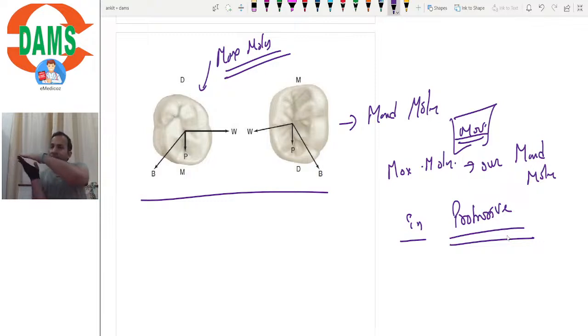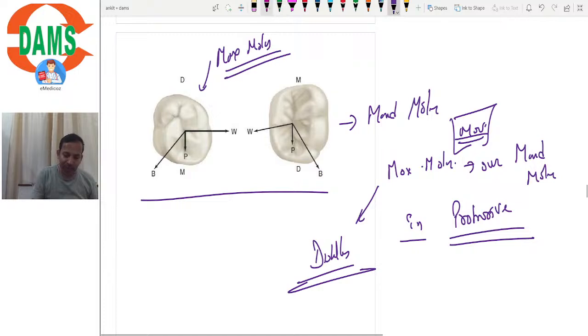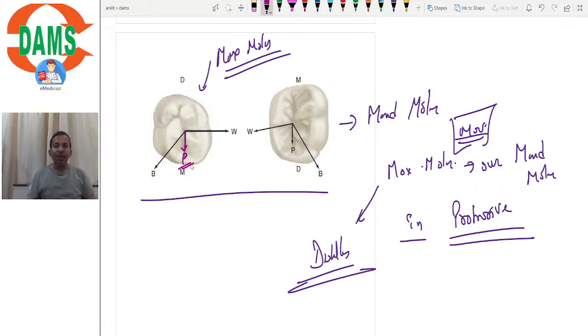Let's say my upper hand represents the maxilla and my lower hand represents the mandible. In a protrusive movement, the maxilla relatively moves distally. So the answer is that in a protrusive movement, the maxillary molar moves distally. As you can see in this diagram, the arrow pointed distally represents the protrusion, and this arrow represents the movement of the mandibular molar.